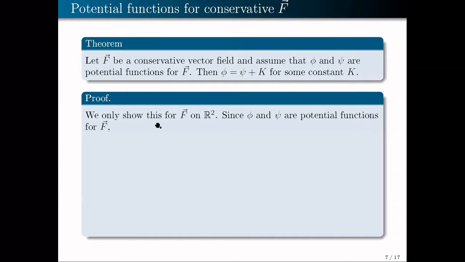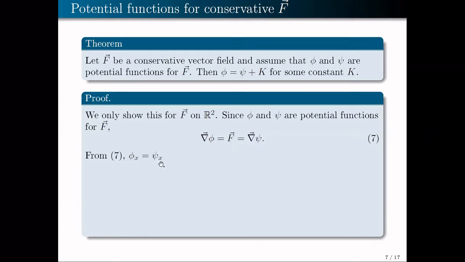So let's consider the vector field f in R2 only. Okay. So now we have phi and psi are potential functions for f, then their gradient must be equal to the vector field f. Okay, and from this equation, we say that the partial derivatives with respect to x of phi and psi must be equal, which is in fact the first component of f.